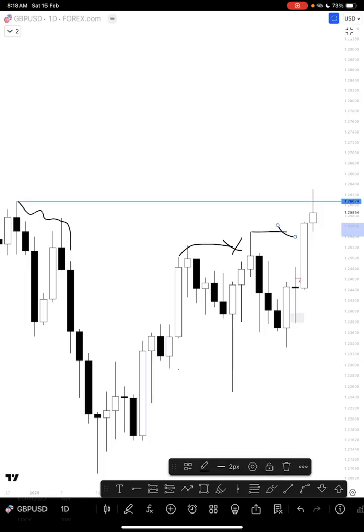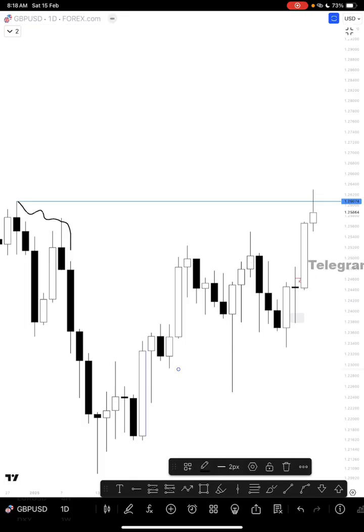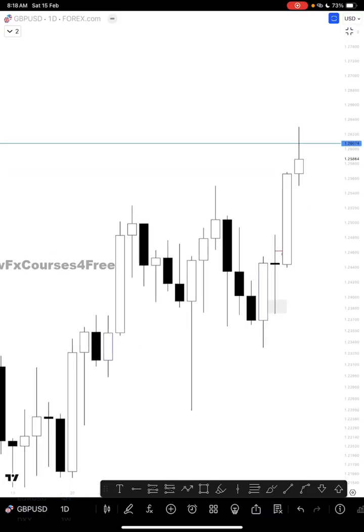So I was actually bullish throughout last week and this week, and I actually called this live on the mentorship Telegram channel.